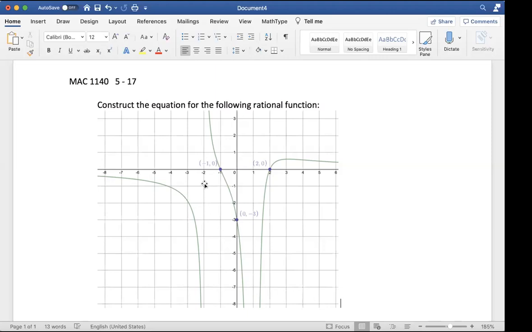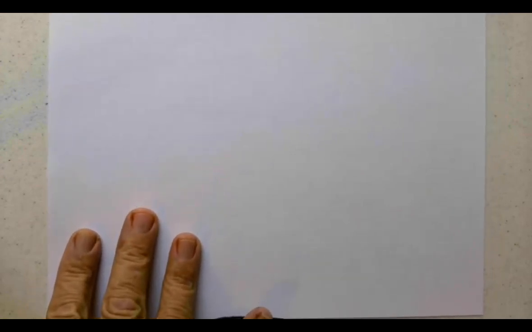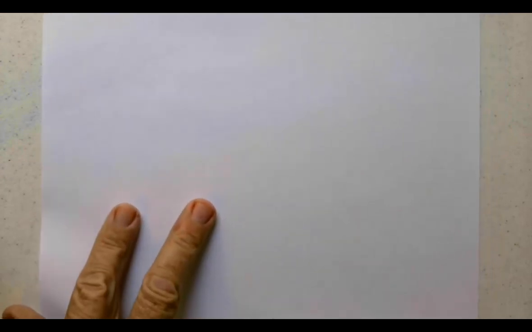And remember, the asymptotes are going to be defined when the bottom is 0. So the bottom is 0 when x equals -2. The bottom is 0 when x equals 1. So let's take a look at that. We said x equals -2 and x equals 1 were vertical asymptotes.